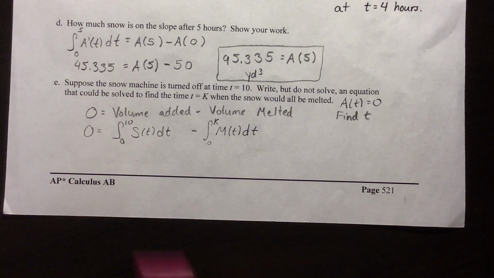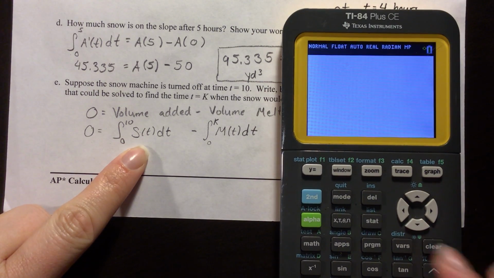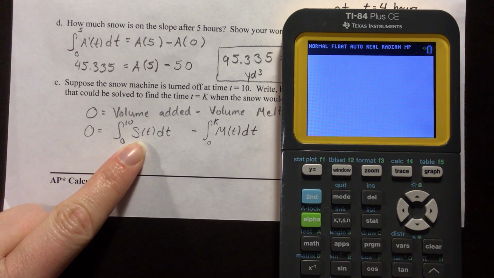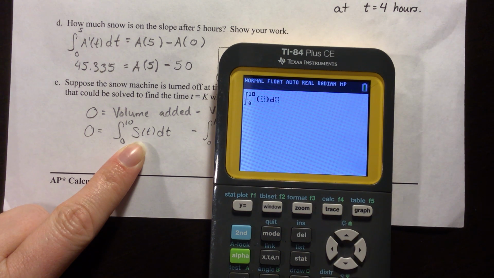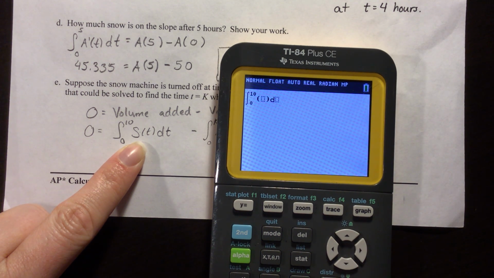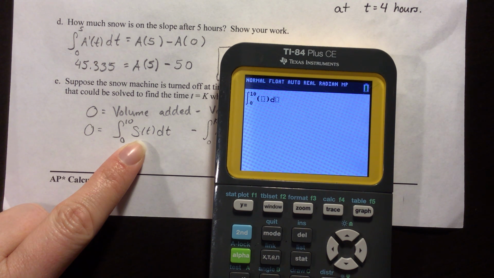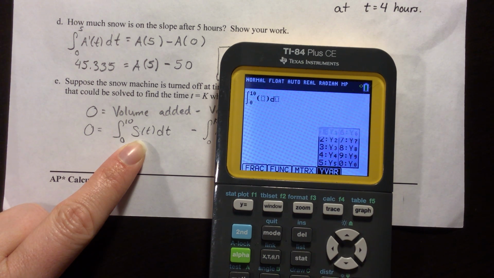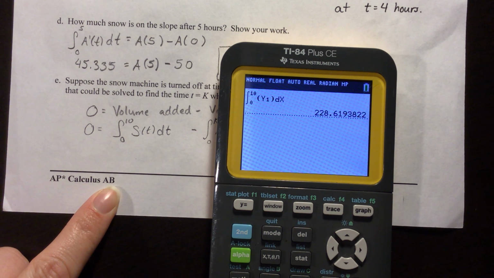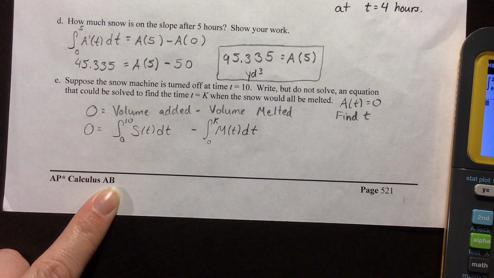Okay, so let's calculate this guy right here. So this is going to be math 9 from 0 to 10 of y1 dx, which is 228.619 minus the integral from 0 to k of m of t dt.